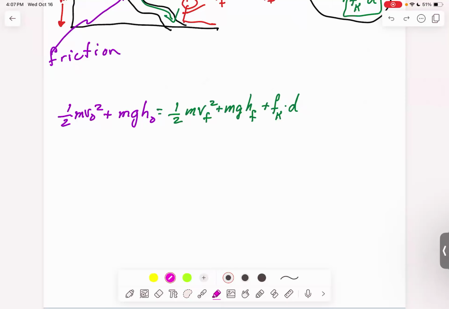We're solving for this piece right in here. All right, so let's start to move things around a little bit and see what we get. I'm going to move this piece to the other side, because I just want to isolate that Fk times d.